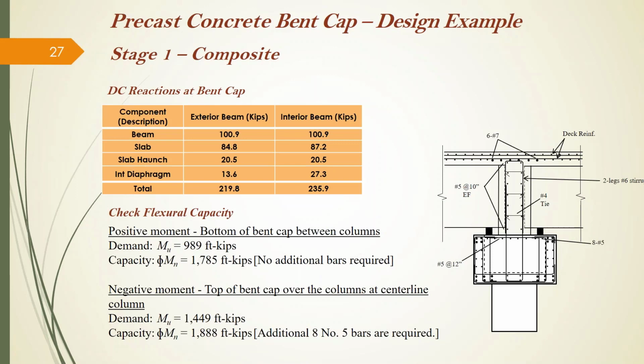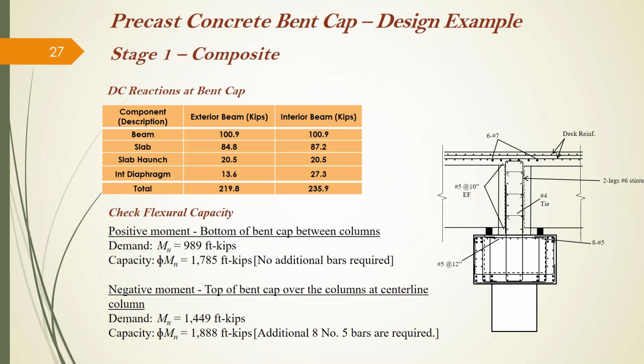Next, we'll go to the stage 1 composite stage, where the concrete within the U-beam has hardened, and it can now be used for the erection of the girders on top of it. The loads that this stage 1, or the lower half of the cap beam, needs to endure are obviously the girders, the slab haunch, and interior diaphragms, and then we'll look again at our flexural demand and capacity.